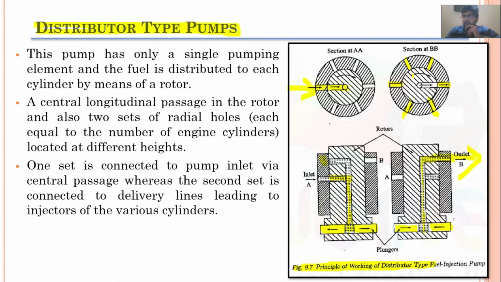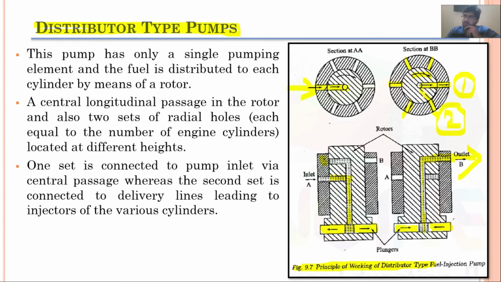When it has rotated and this outlet passage has come aligned with this first cylinder, fuel is injected in this cylinder. Now it has further rotated and it has aligned with this cylinder. Now fuel is injected in this cylinder.